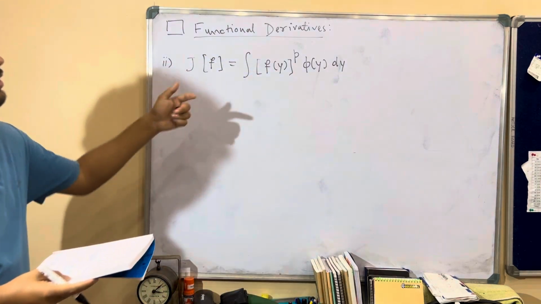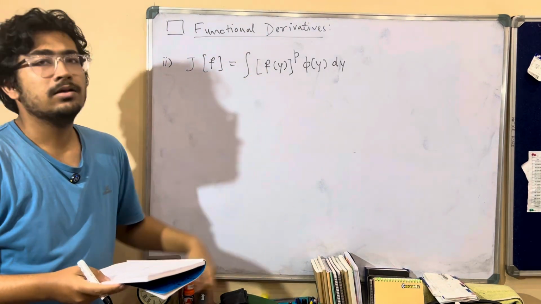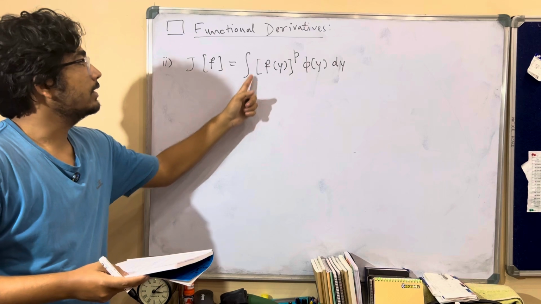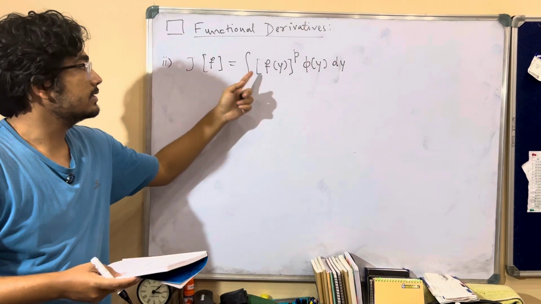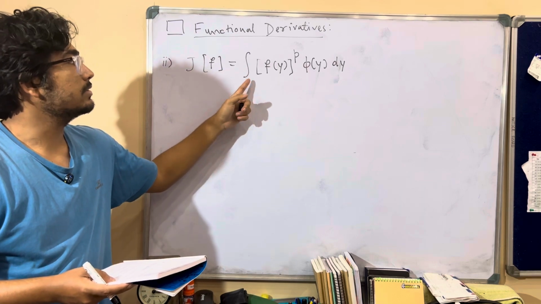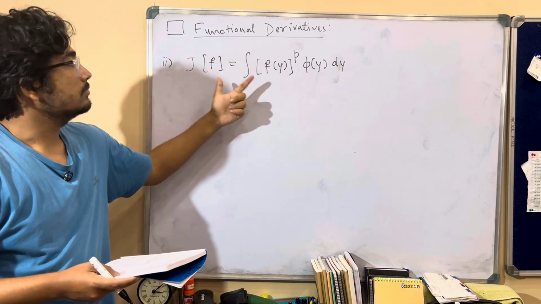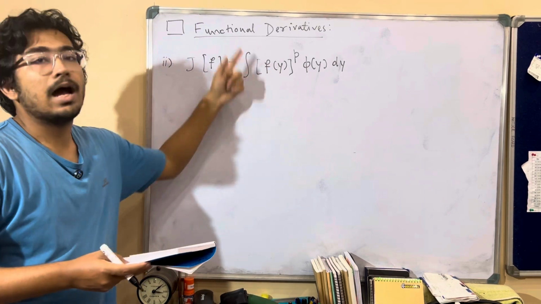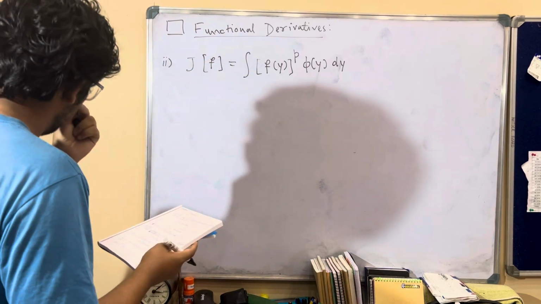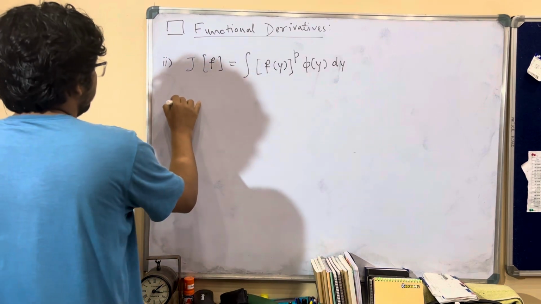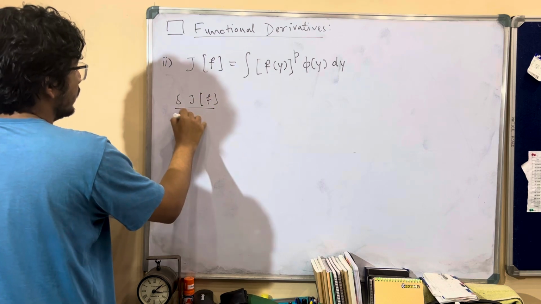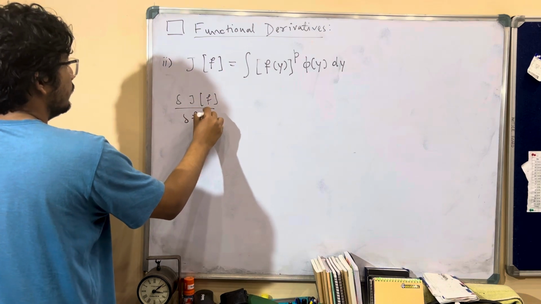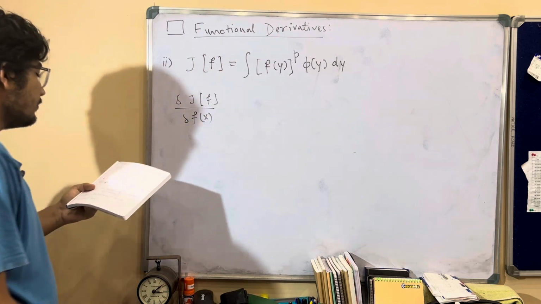I'm not writing them because I would have to write the limits again and again, but it does not mean that it's an indefinite integral. It's a definite integral. I have just omitted the limits. So using the same definition, we are going to calculate the functional derivative of j.